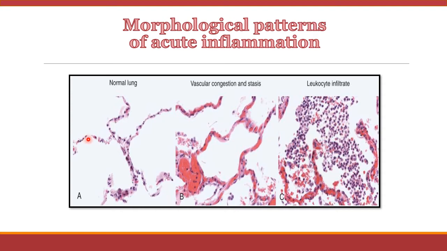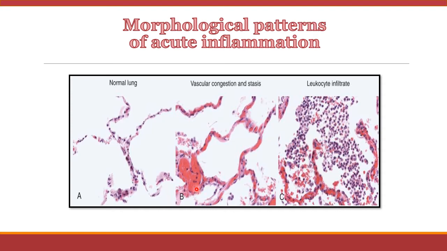If there is acute inflammation, we have two main events, as we described before. We have vascular changes and we have cellular events. How is this translated on the microscopic section or on a slide? The vascular changes will be seen as vascular dilatation and congestion.